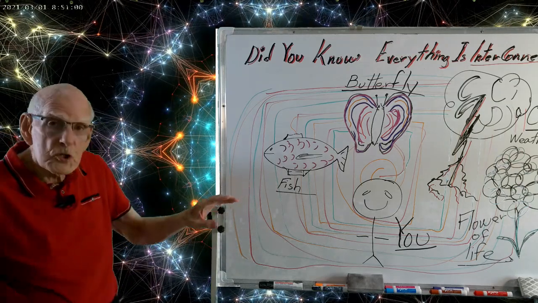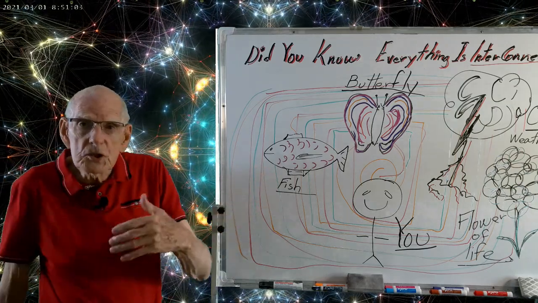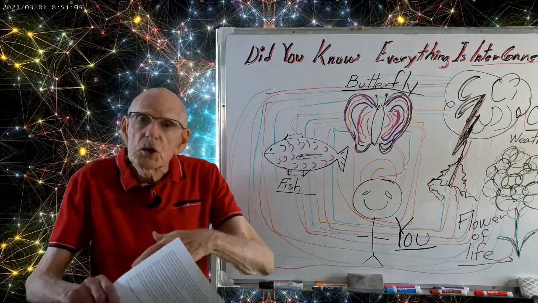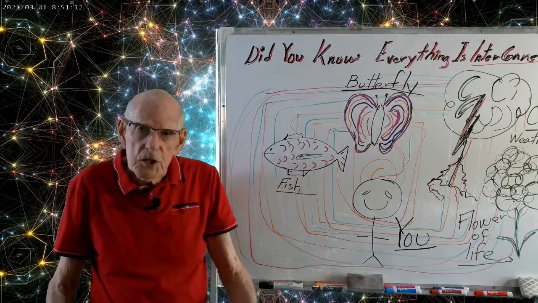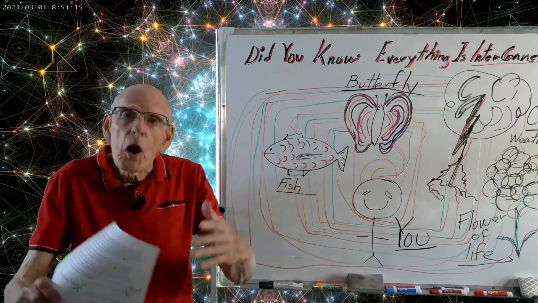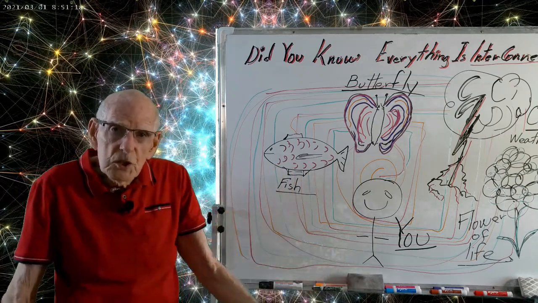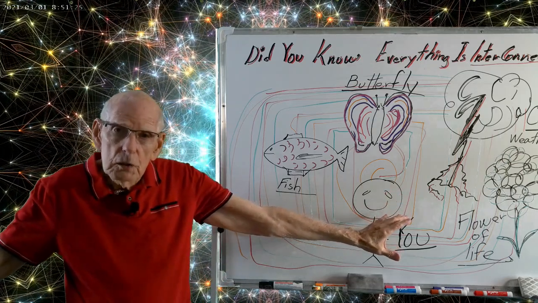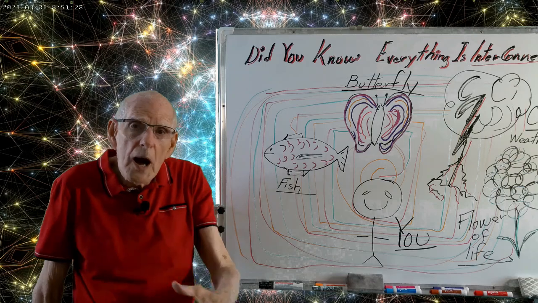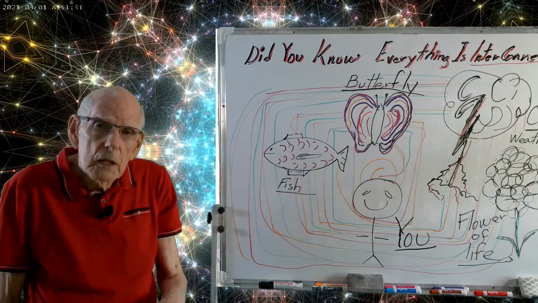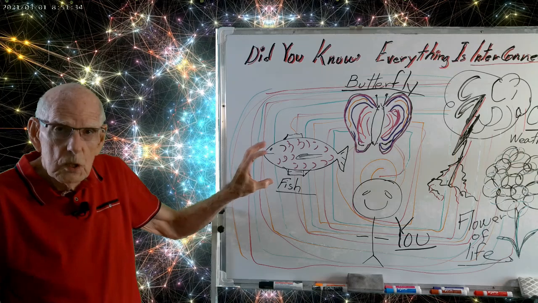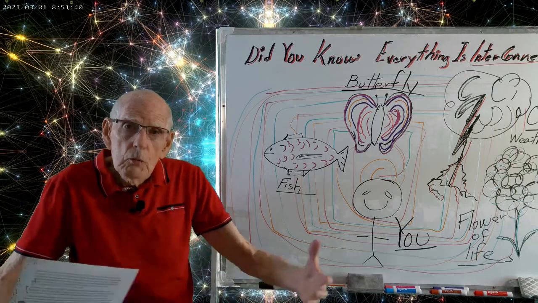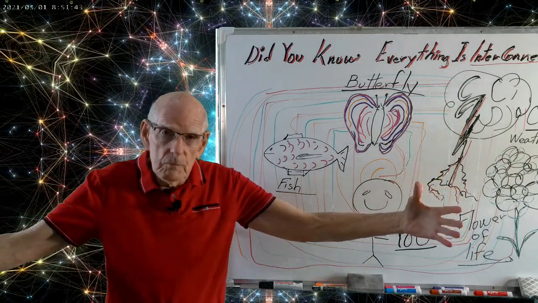So what are we going to talk about? We're going to talk about first the fish, and first let us start with just energy. That's all there is, energy. You may call it the all, you may call it consciousness, you may call it other names, but it's everything. And as that energy moves around, some of it will coalesce into fixed patterns of energy within the grander system.